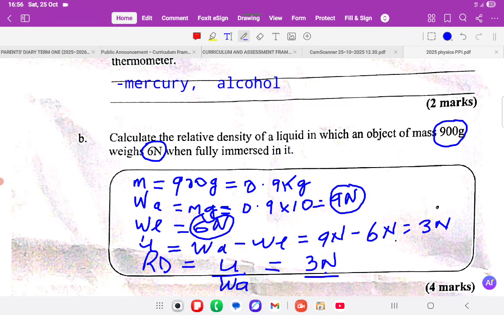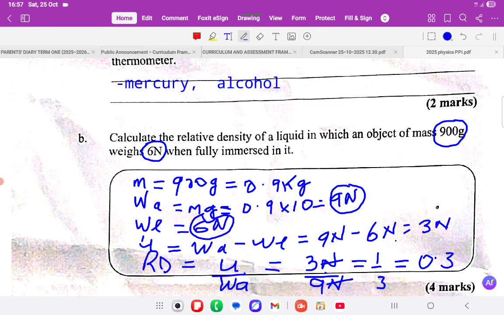So this is divided by weight in air, which is 9 newtons. Remember that relative density has no units, so the newtons are going to cancel out. And this will give you 1/3, which is the same as 0.3. All right, so the relative density in this case is 0.3.